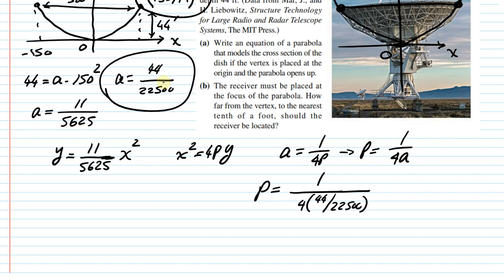Which you invert and multiply, you get 22,500 over 4 times 44, that is 176. That's what that p is going to be. All right, but we can leave it in this form, or you can do it with p, however you want to do it.